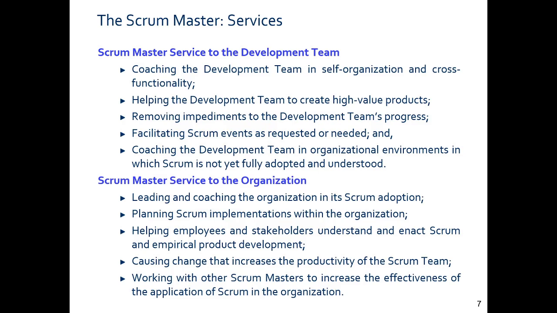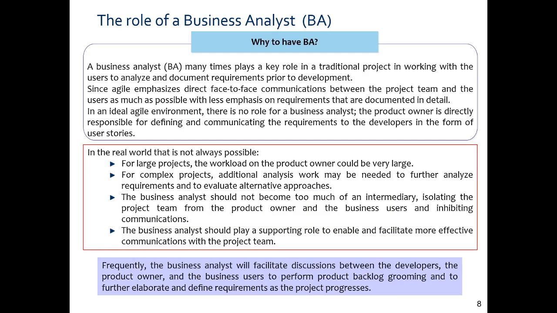So it is not that easy to act as a bridge between the product owner and the development team, because the dual role playing is very difficult to do, isn't it? Because you have to balance the acts between the product owner and the development team.